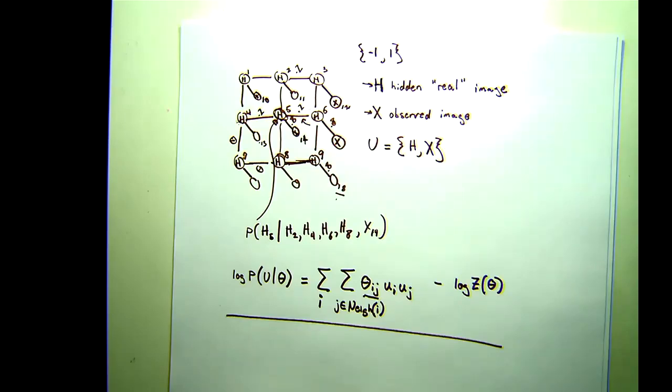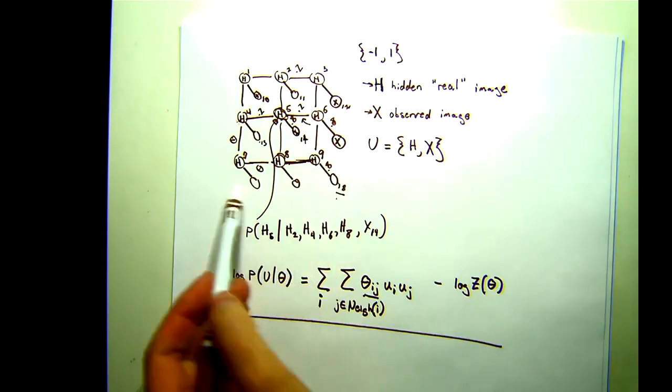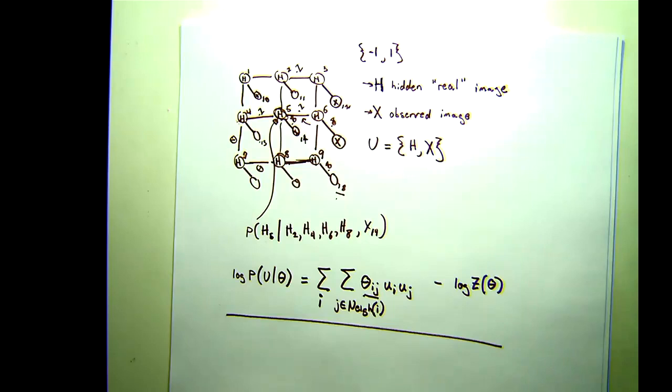That's the model. And then when we do inference, basically what we're going to say is, let's say we observe a set of x's. What's the most likely set of h's? That's what inference is. So theta is actually the parameters of the model. And then we want to do inference to recover, given some x, some h.